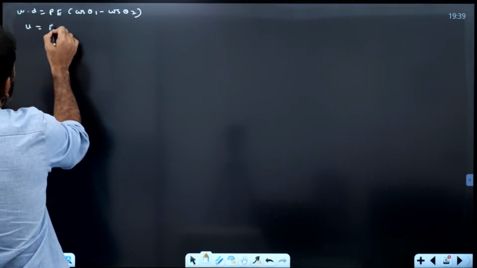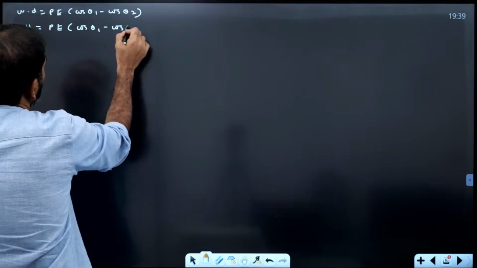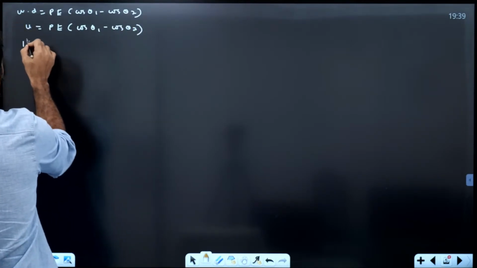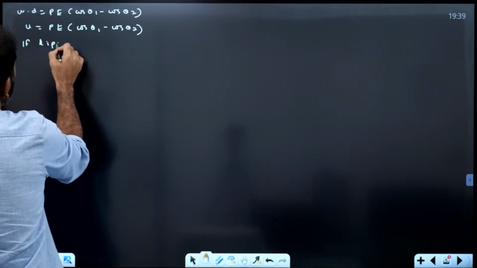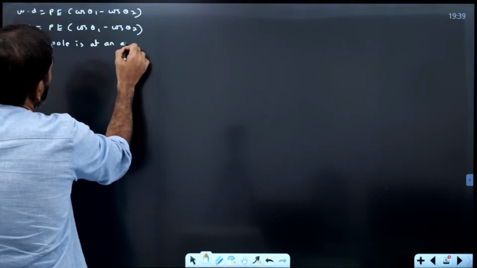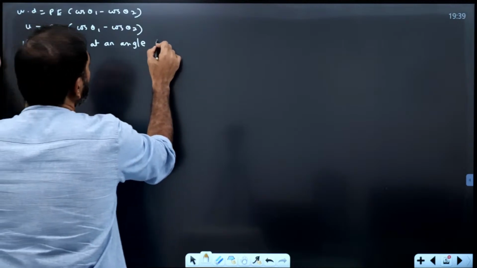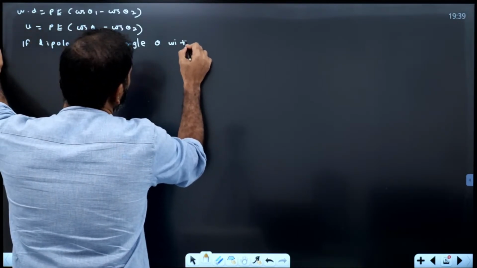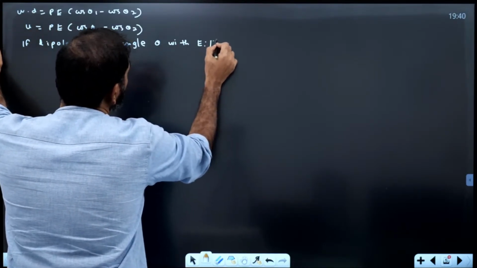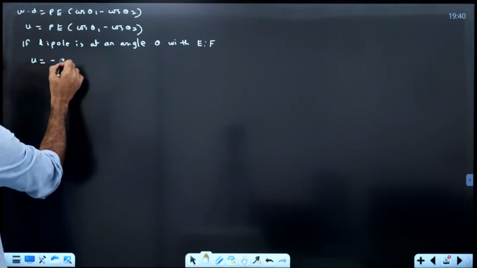Now, if the dipole is at an angle theta with the electric field, simply one angle is given, then the potential energy will be minus PE cos theta.